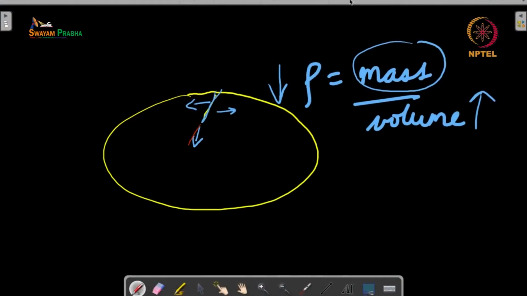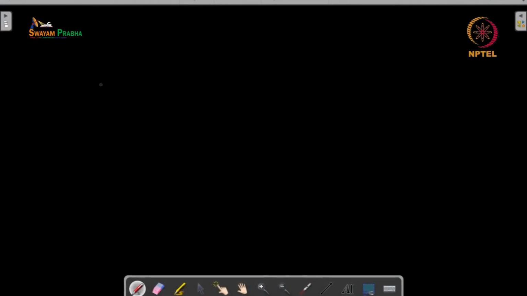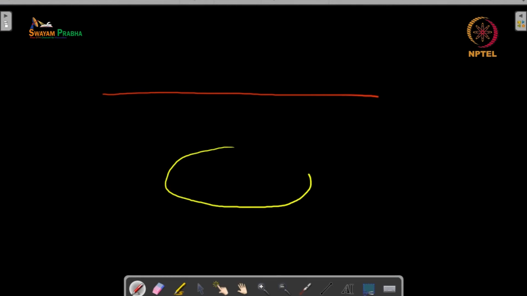What is that? Suppose we consider land and there is an intrusive igneous rock that gets formed here. Now, when the rock was getting formed, then there was a pressure that was being exerted by the earth on this rock. And so this rock got created under a condition of intense pressure.